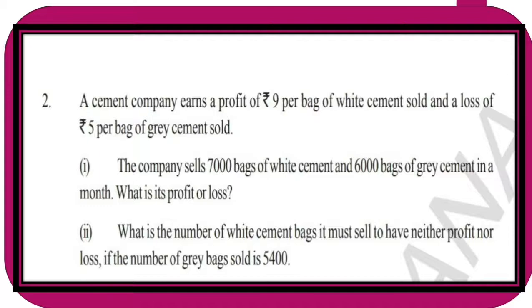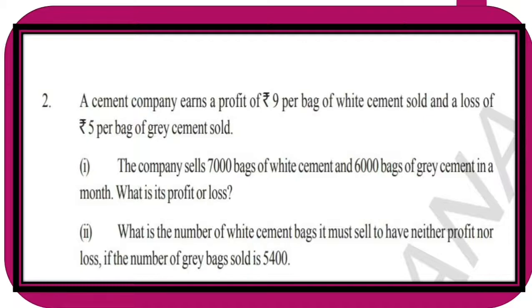Observe that the company sells 7,000 bags of white cement and 6,000 bags of grey cement. That means on 7,000 bags of white cement they are getting profit, for each bag 9 rupees. So we have to calculate the total profit on white cement.